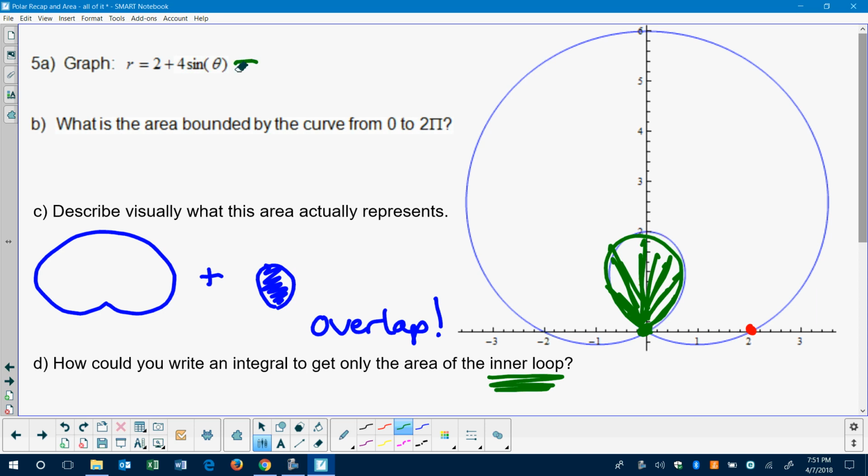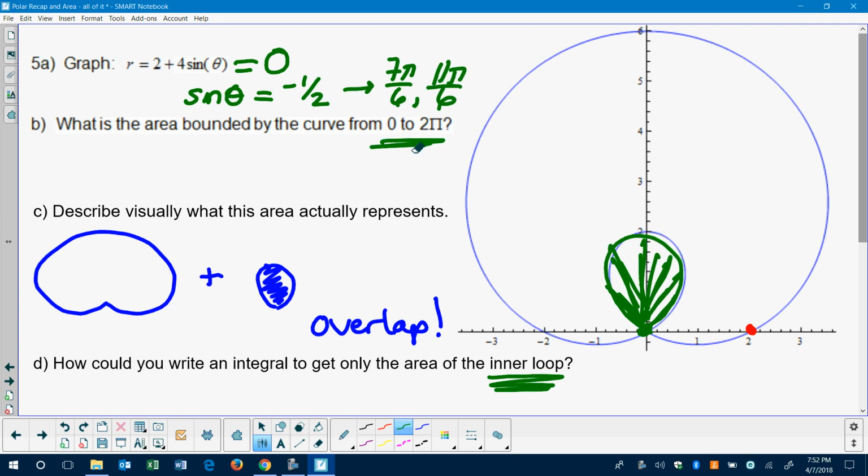Well, the way that we find out when we're at the pole is to solve this equation. So this is what the values of theta that give a sine value of negative a half, right? Subtract the 2, divide by 4. And so that's going to be at 7 pi over 6 and 11 pi over 6, if we're looking at between 0 and 2 pi for the whole thing, okay?